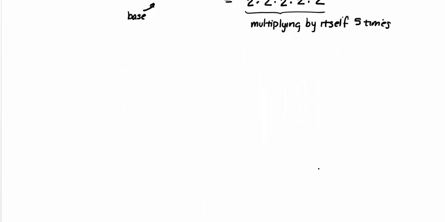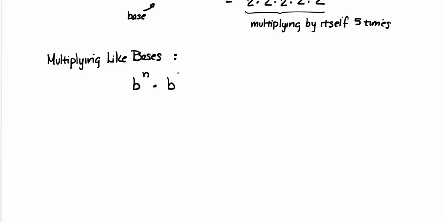Okay, so if we have like bases, meaning we have the same base, multiplying like bases, we have a rule for it. Let's say we have some base b that's raised to the nth power, and we're going to multiply it by b raised to some other number, m power. All we do is we keep the same base, we don't do anything with that base, and we simply add our exponents.